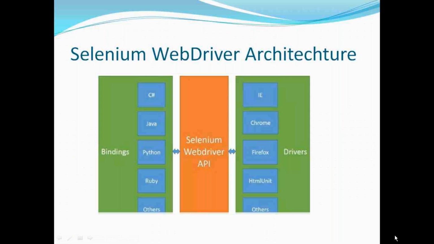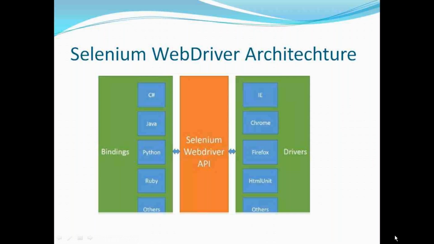Exactly. Before that, a driver instance has to be created when we write the code. When we get the driver instance, we can call all kinds of API methods on it, like driver.get(URL). We can set values in a text box, and we can click on a button.